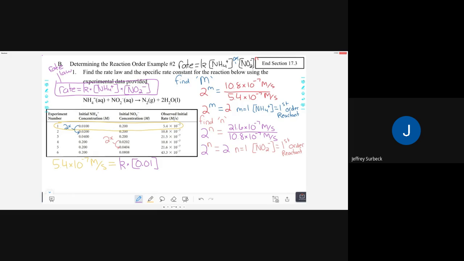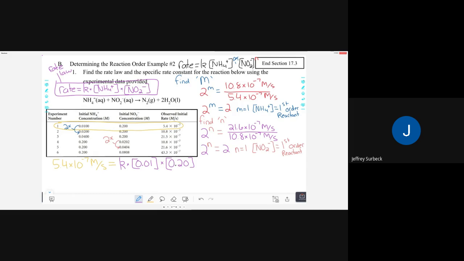We raise it to the first power, and then we say times the concentration of NO2 minus, which is 0.2. We raise that to the first power there.